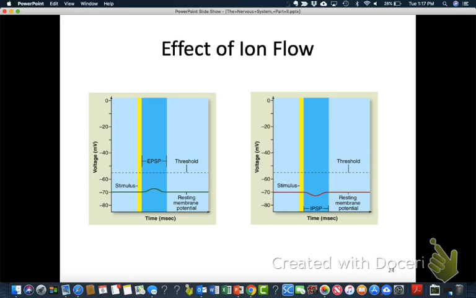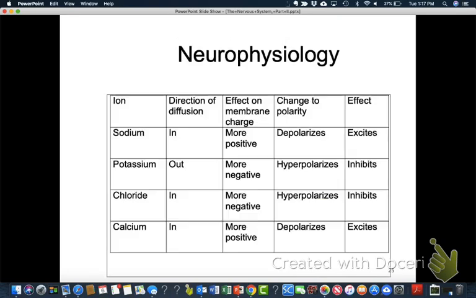So if it opens sodium gates or even calcium gates, then positive flows in, it makes the inside less negative, and you get a little blip you see on the left. And we call that an EPSP, an excitatory postsynaptic potential, because it's a change at the synapse. And on the right, you're seeing hyperpolarization, an inhibitory postsynaptic potential, and that's from potassium or chloride.